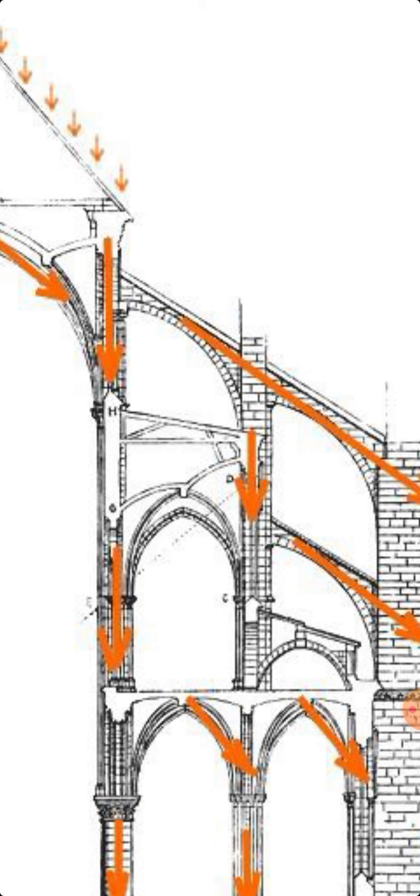This is because the load from the building is transferred to the side of the building and into the buttresses. The load in the buttresses is then transferred into the foundation and spread into the earth.